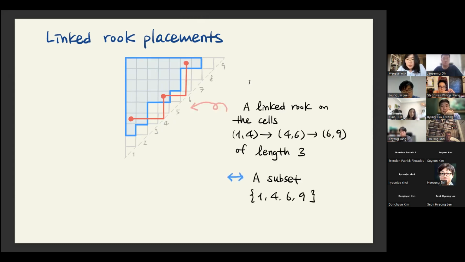So this is a linked rook. And a linked rook on these cells, 1-4, 4-6, and 6-9, corresponds to the subset 1, 4, 6, 9, which consists of the entries that occur in the coordinates of the cells of the rook. So a linked rook of length 3 corresponds to a subset of 4 elements.